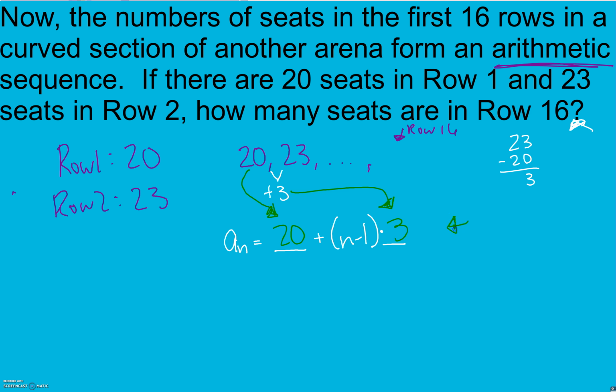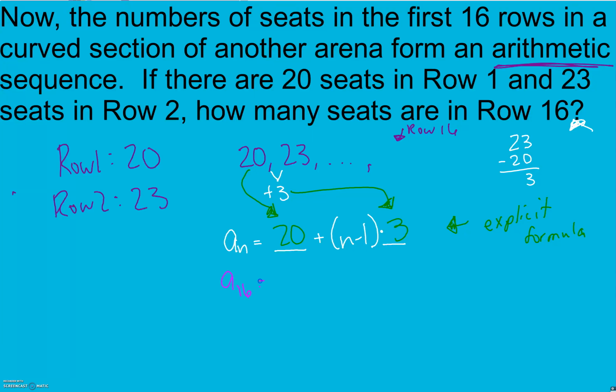So this is our explicit formula. And it's explicit because it's exactly one equation that we use to find the exact value of what we're looking for. We don't have to repeatedly add things like we do in the recursive formula. We're looking for 16, so I'm going to plug 16 in for n.